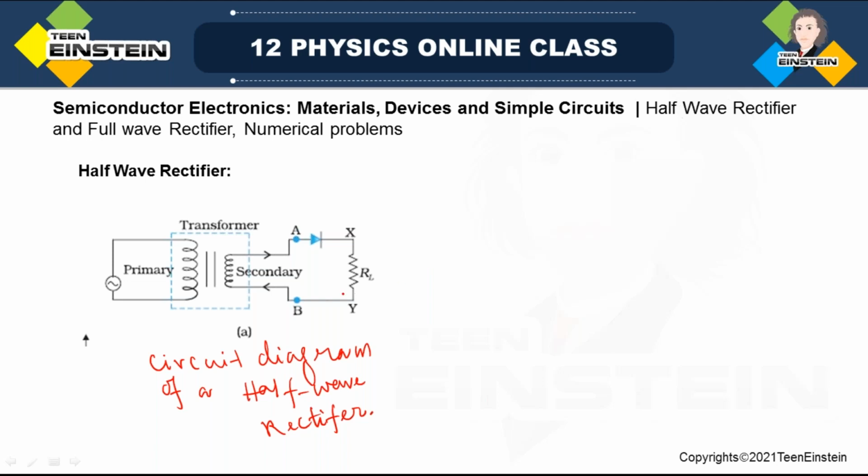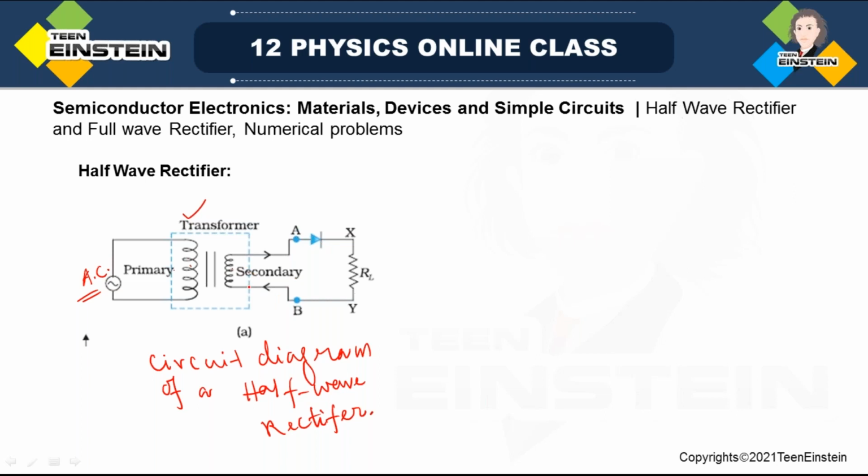You need a transformer. First of all, look, this is the transformer. This is the primary coil, this is the secondary coil as denoted over here, and the primary coil is connected to the AC mains.